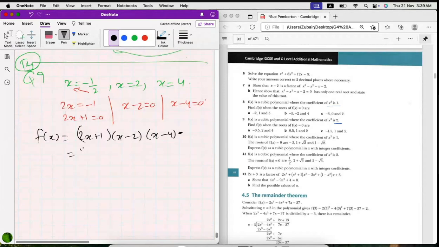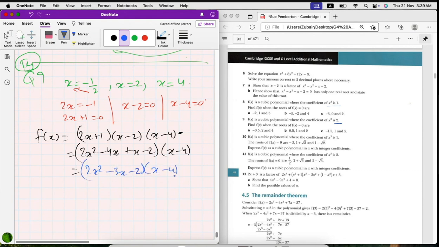So f of x is equal to 2x plus 1 times x minus 2 times x minus 4. So first 2x square minus 4x plus x minus 2 and then it is times x minus 4. So 2x square minus 3x minus 2 and x minus 4. 2x cube minus 8x square minus 3x square plus 12x minus 2x plus 8.